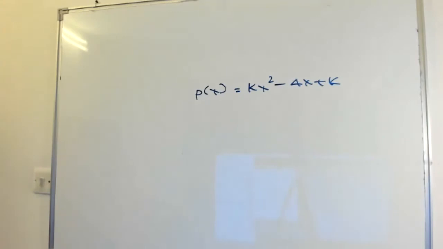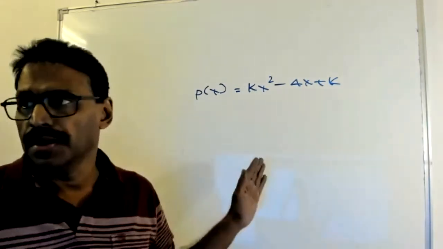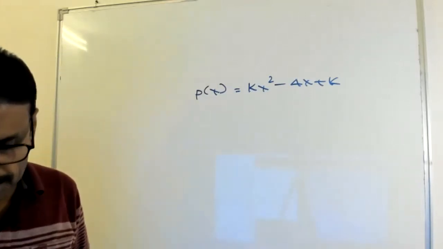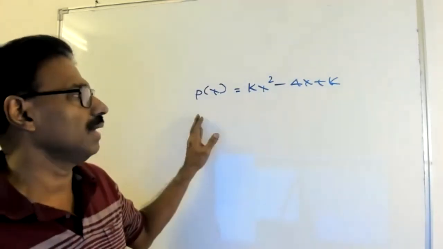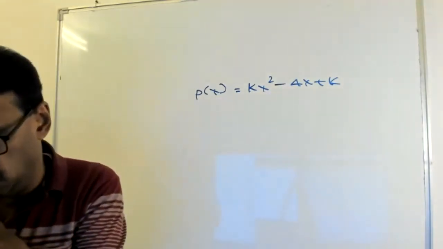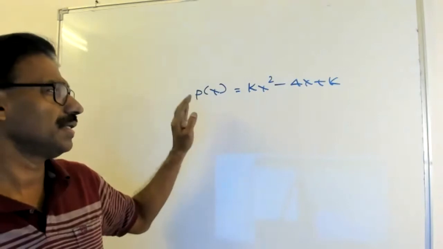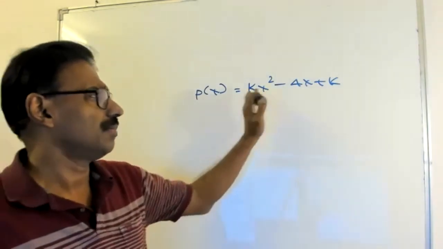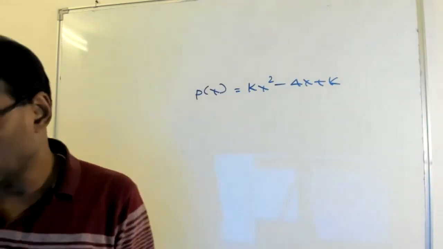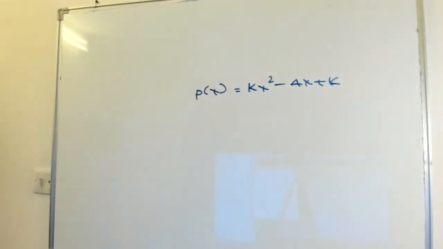I got disconnected, so I couldn't hear the question. The question is this one: if -1 is a zero of the polynomial kx square minus 4x plus k, then find the value of k. Done, sir.